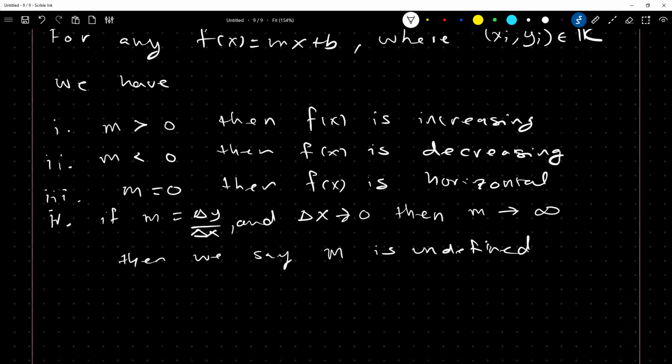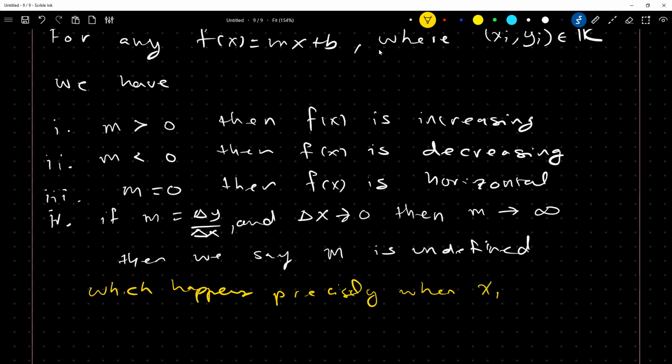Then we say our slope is undefined, which happens precisely when x1 equals x2 equals xn for all x in the domain of the function.